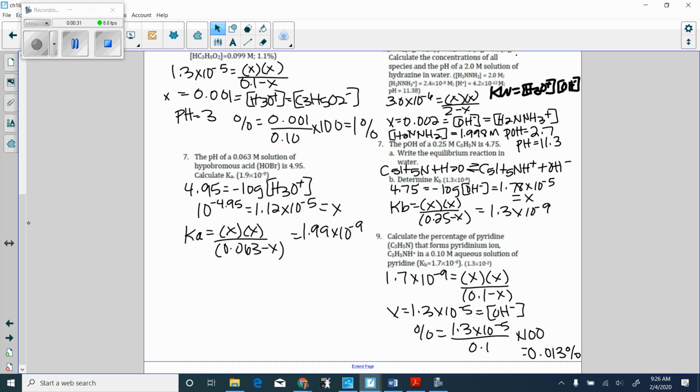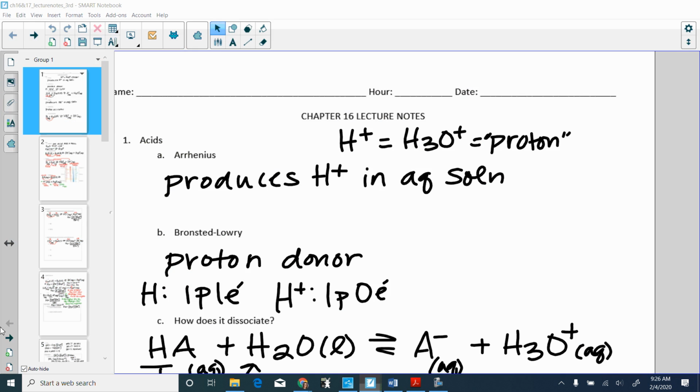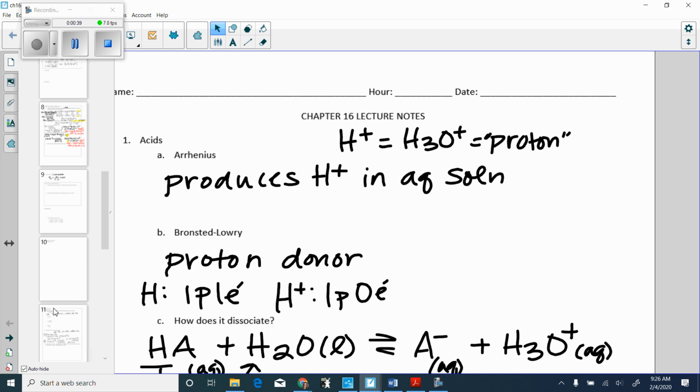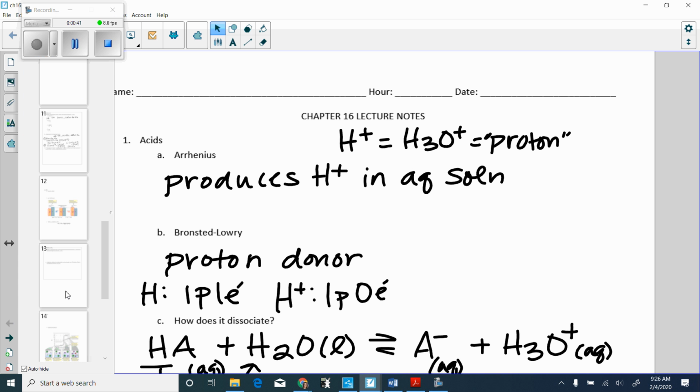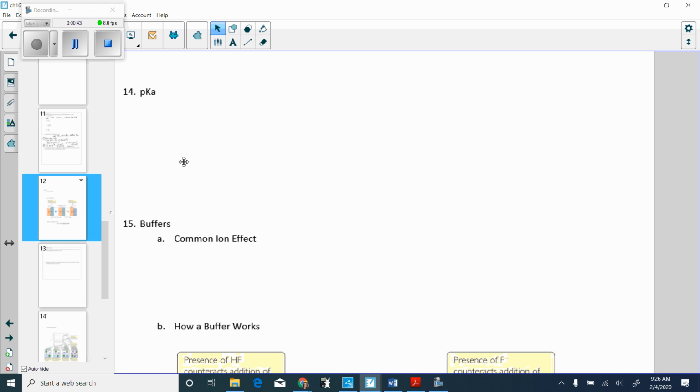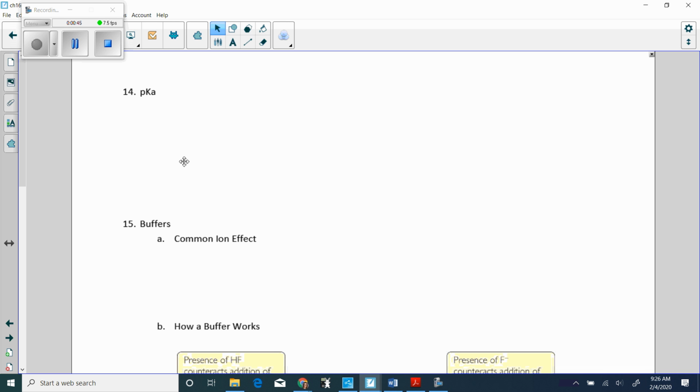Let's learn some buffers. So can you get out your notes? We actually only have 2 more days of learning for this unit, so we're going to learn buffers today.